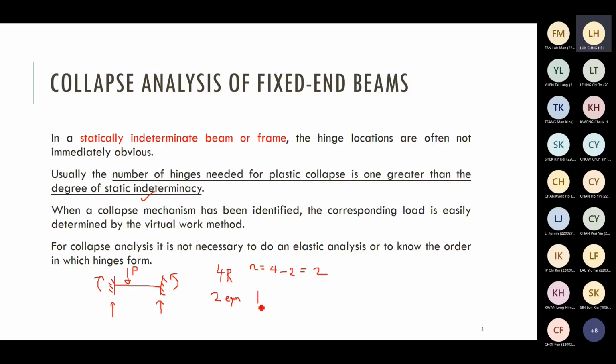So the number of plastic hinges required is n plus 1, equal to 3. 3 plastic hinges can make a fixed end beam become unstable and collapse. You can use this idea to estimate the number of hinges required. Firstly, calculate the indeterminacy, and then plus 1. That is one skill you may use.